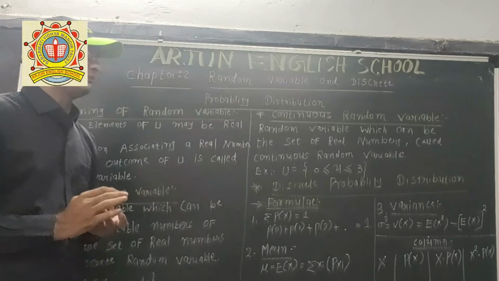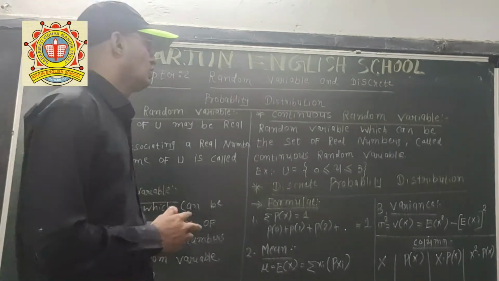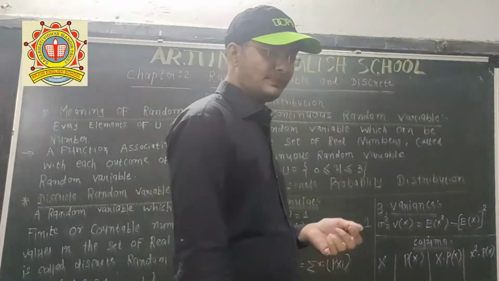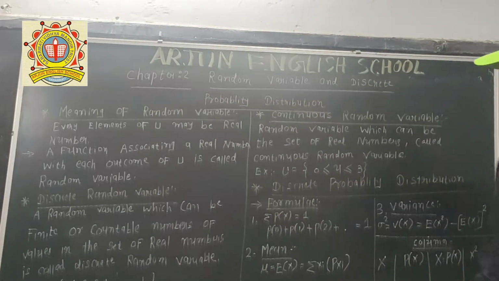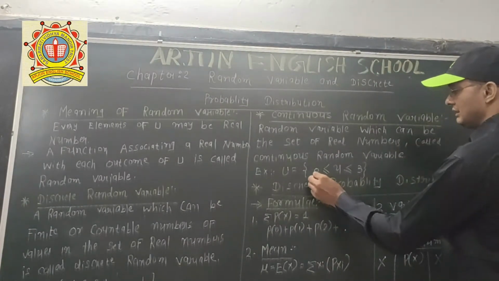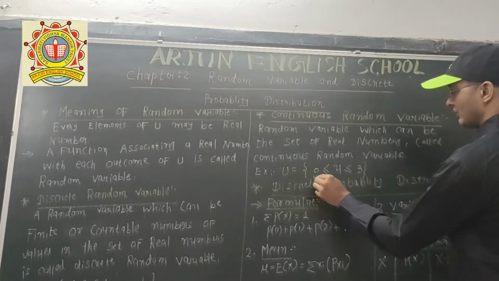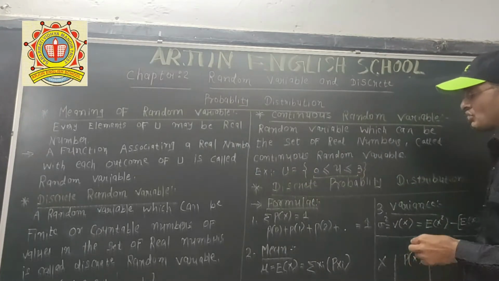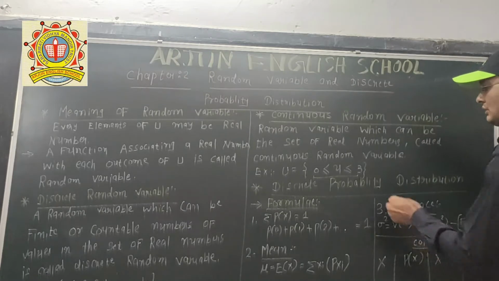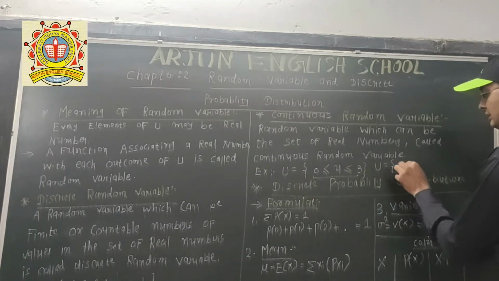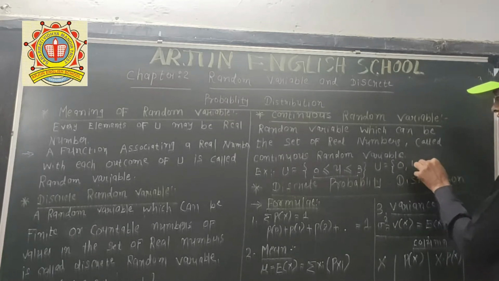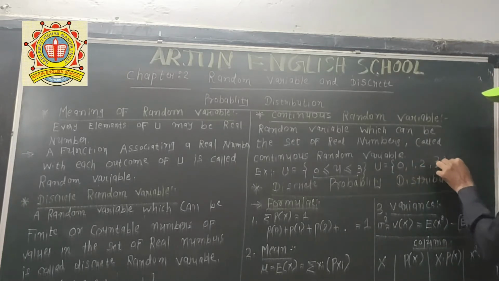A random variable which can be the set of real numbers is called a continuous random variable. Now I want to clarify that if 0 is less than or equal to u less than or equal to 3, it means the value of u lies between 0, 1, 2 and 3.